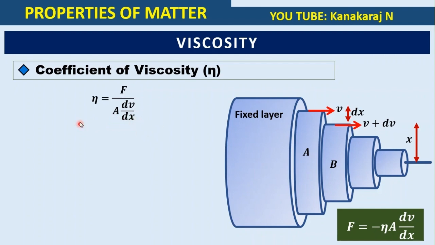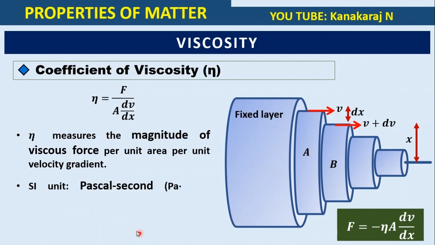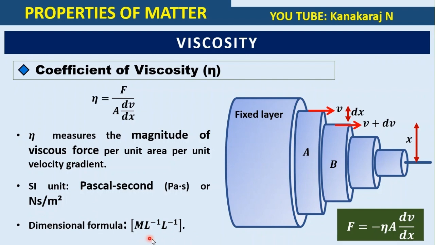Then we get eta equals F. So eta measures the magnitude of viscous force per unit area per unit velocity gradient. The SI unit of coefficient of viscosity is Pascal second or Newton second per meter square. The dimensional formula of the coefficient of viscosity is M L to the power minus 1 T to the power minus 1.